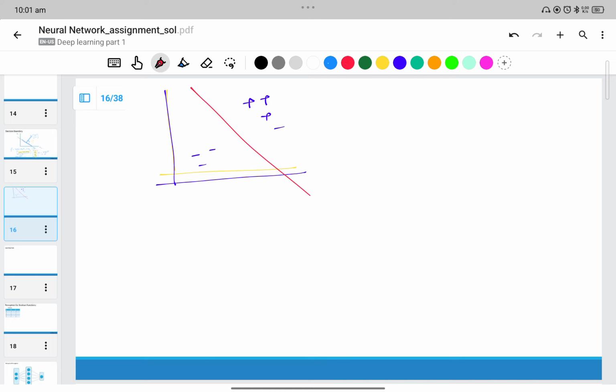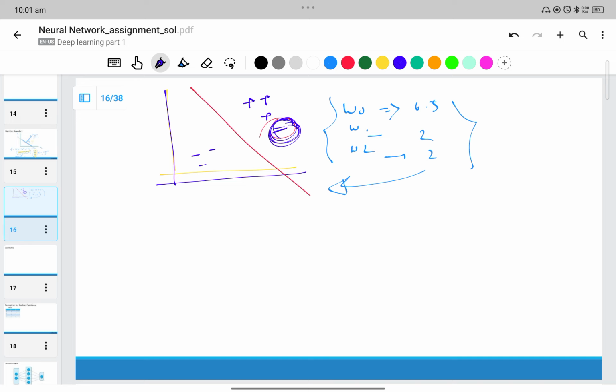So w0, w1, w2 was initially weighted as 0.5. Let's say this is 2, this is 2. So the randomly weighted vector gave this decision boundary. We have some wrong predictions here, which are minus on the upper side of this decision boundary.